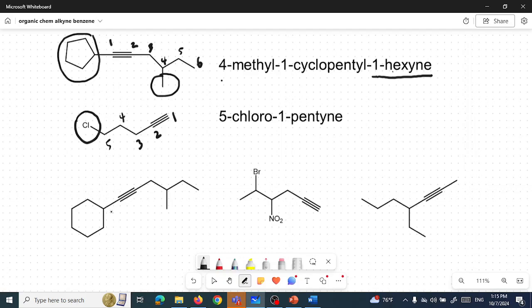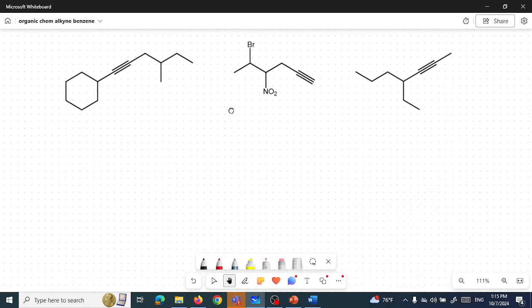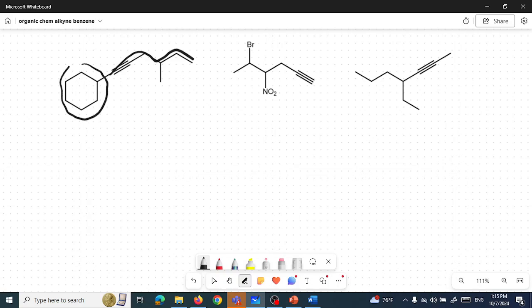The first one to the left, we can see the triple bond and the longest strand might be this one. And the substituents, one of them is cyclohexane and the other one is methyl group.